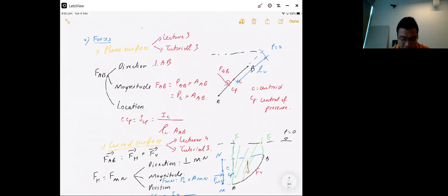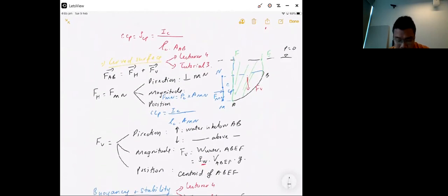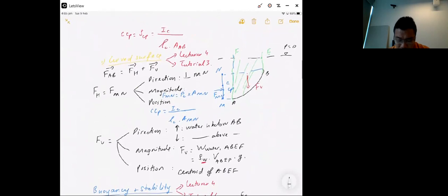Force on a curved surface you can find in lecture 4 and tutorial 3. For force on a curved surface, F_AB is divided into a horizontal force and a vertical force, Fh and Fv.